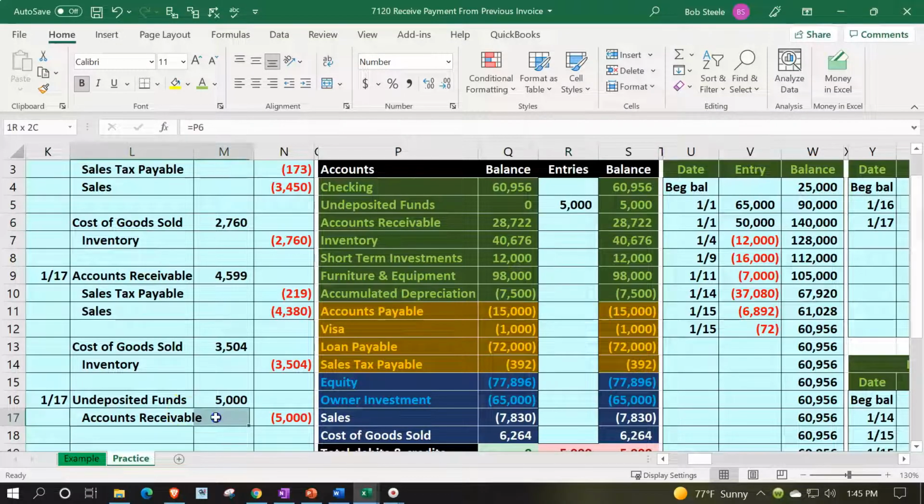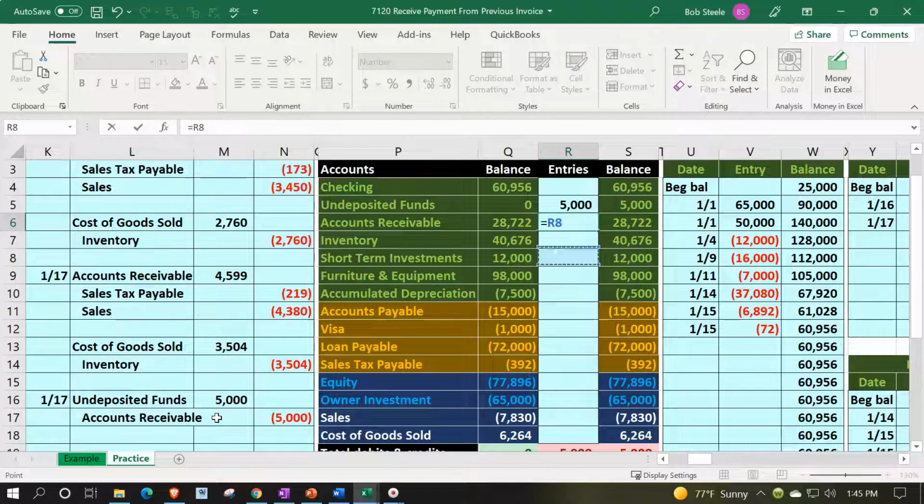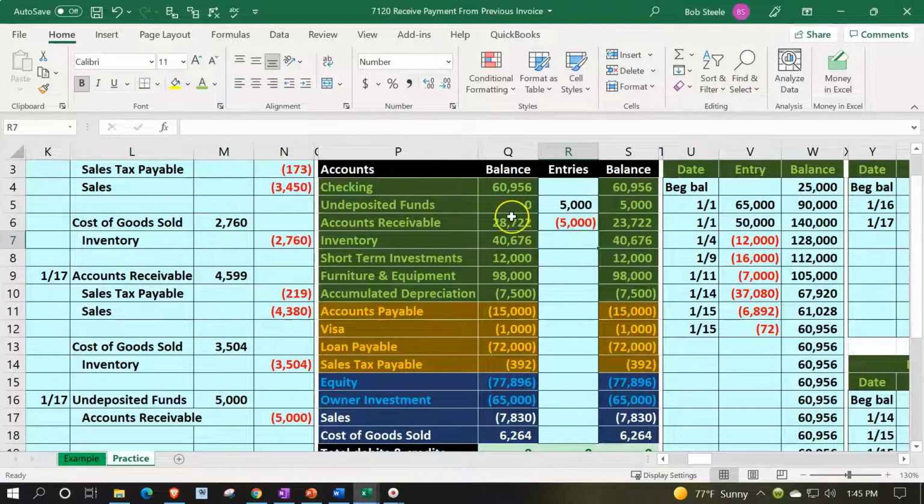And then we've got the accounts receivable, the AR, in R6 equals the 5,000 and enter. So we're going from 28,722 down by 5,000 to the 23,722. We in essence moved money or an asset from the accounts receivable to a cash type account, that undeposited funds.